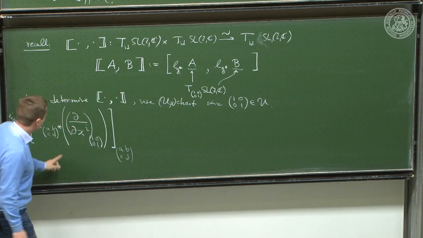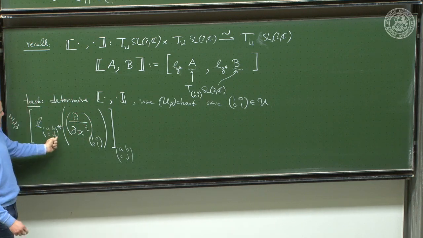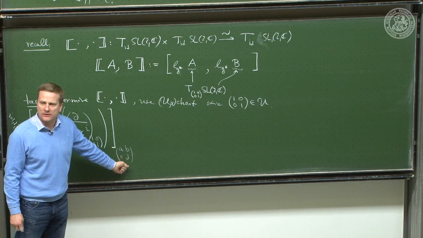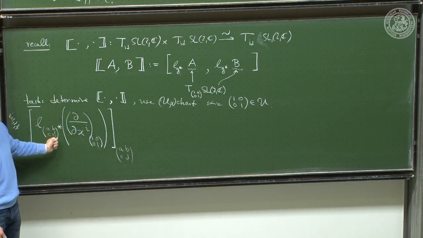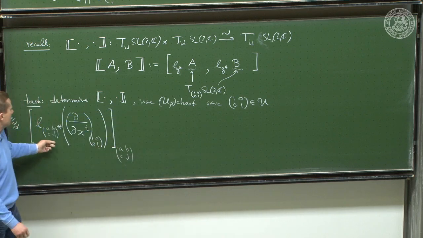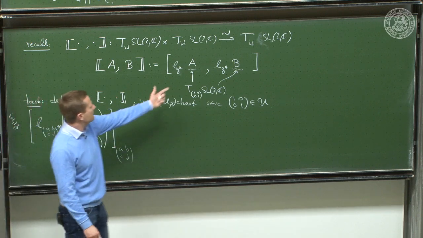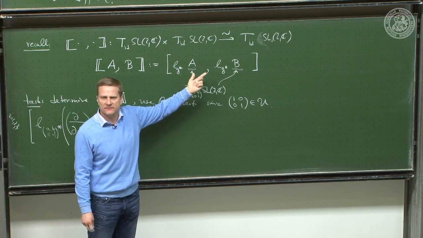I take this at the identity, I push it forward to this point to get a tangent vector at that point. And I can do this for any point A, B, C, D in SL2C, well, for any such point in U, that is. And of course, from this one vector I construct this way the entire left invariant vector field, because we checked that if I do this construction, the result is a left invariant vector field.